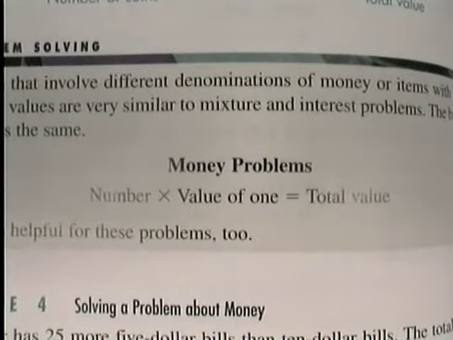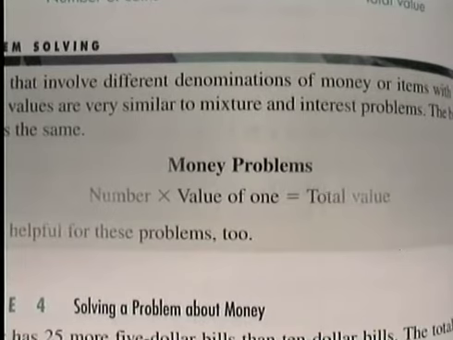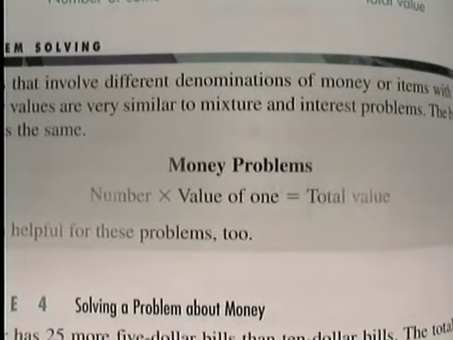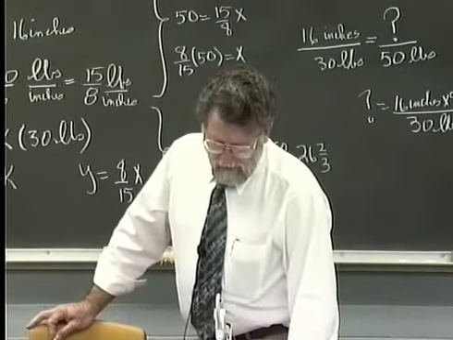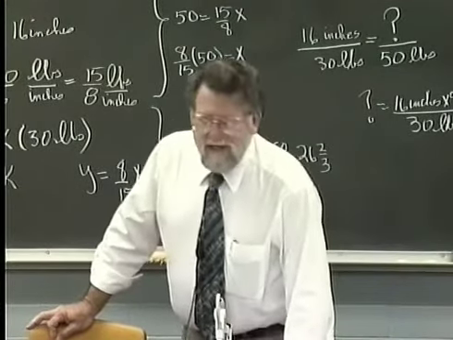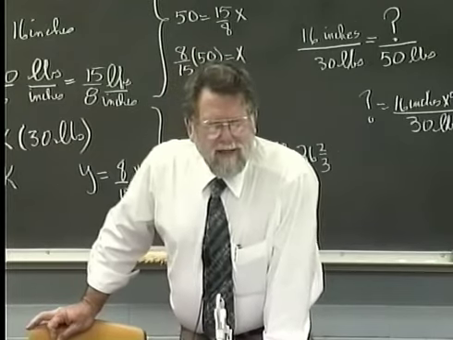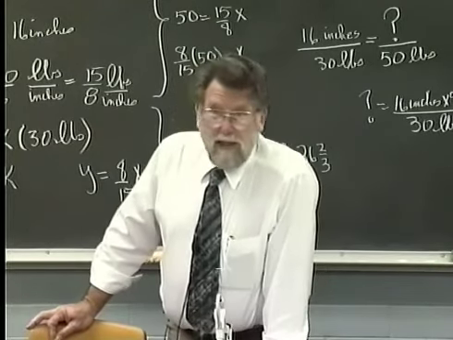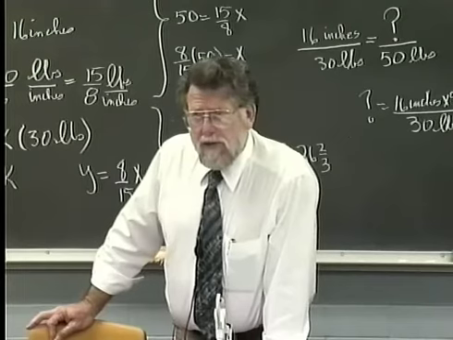The argument is the number of coins times the value of the coin is the total value of that coin. It's sort of a no-brainer in a way, but you get contrived problems. And I have some mixed feelings of my own about the type of problems we do in algebra.